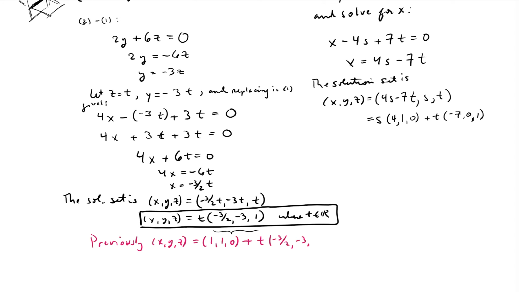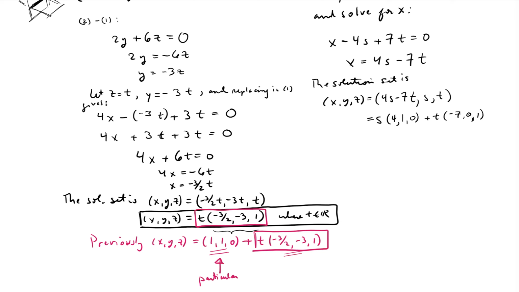So what's the difference here? The difference is that there was a line passing through this point, but it was still parallel to that vector. In fact, this part here, the solution set for a homogeneous system, we find it here. What we have here is what's called a particular solution. It's the solution you get by letting t equal 0, right?